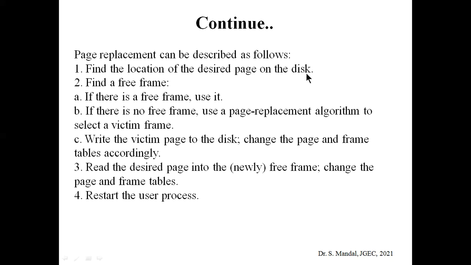Basically, it will select the particular page which needs to be swapped out from the main memory, and it is known as the victim. So the page replacement algorithm selects the victim frame from where a particular page needs to be swapped out.